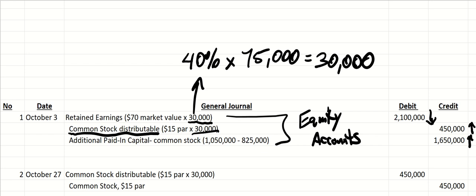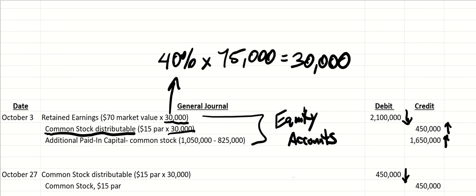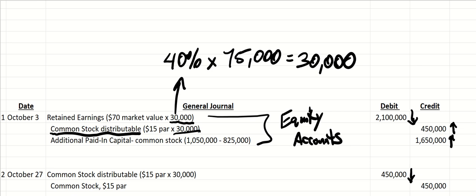When we debit common stock distributable, that's going to decrease the balance in that account. Essentially, you're eliminating or canceling out the entry that was made on October 3rd to the common stock distributable account, which was a credit of 450,000. I'm going to put an X here just so that we know that this debit of 450,000 is eliminating the credit of 450,000 to common stock distributable on October 3rd.